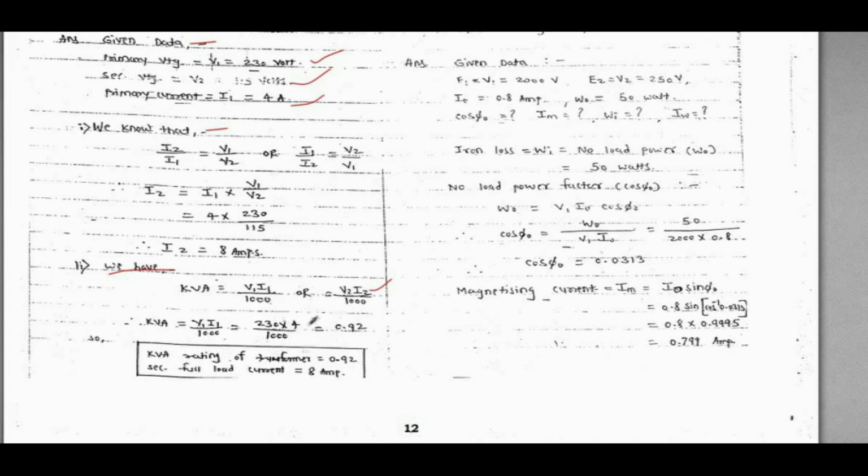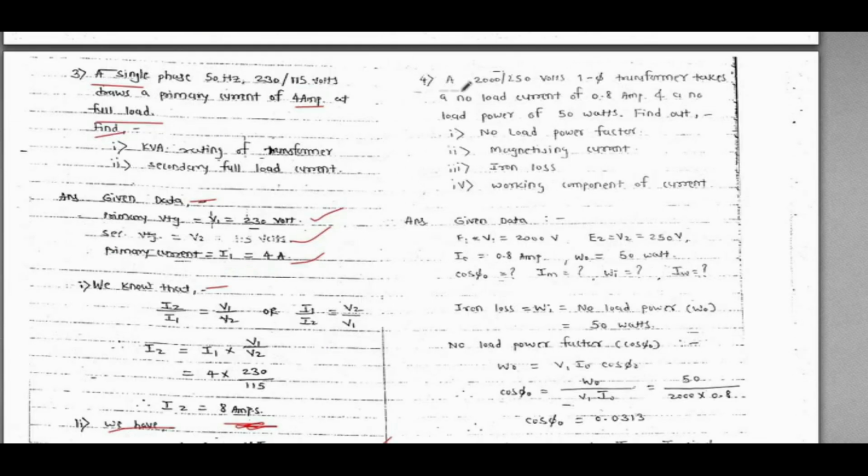Put given data here, 230 into 4 divided by 1000, that is 0.92 kVA. The kVA rating of the transformer is 0.92. Secondary full load current I2 is 8 ampere.